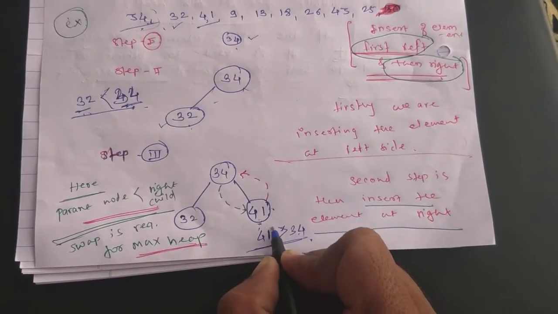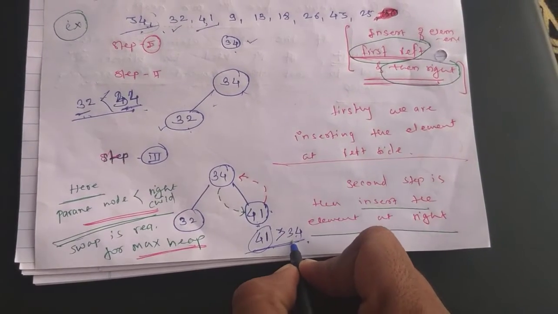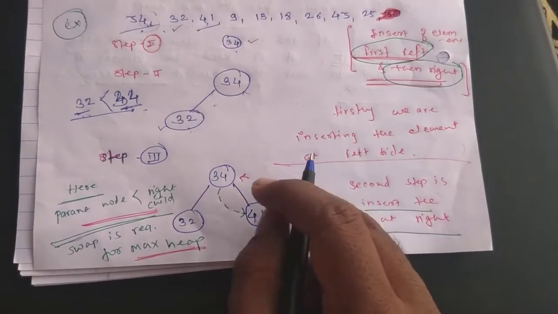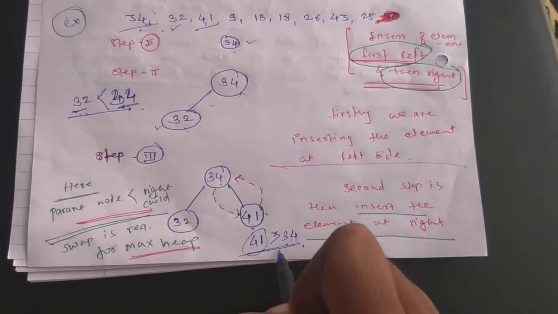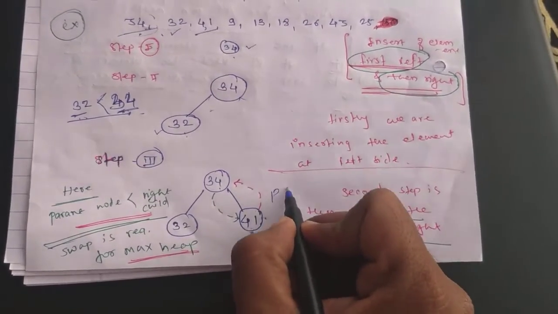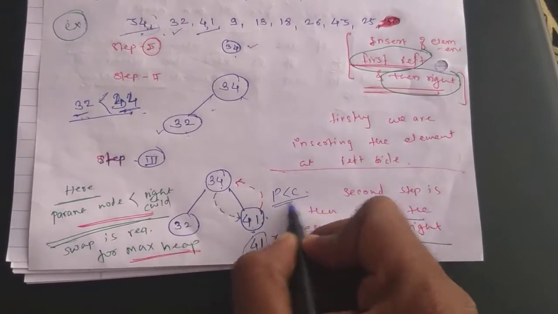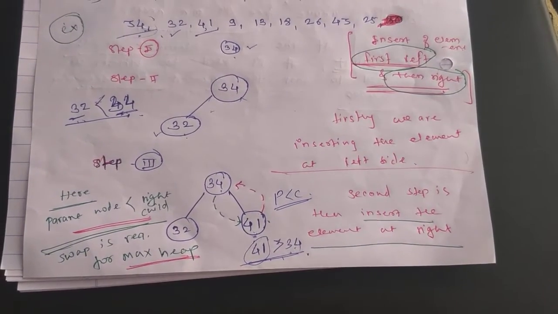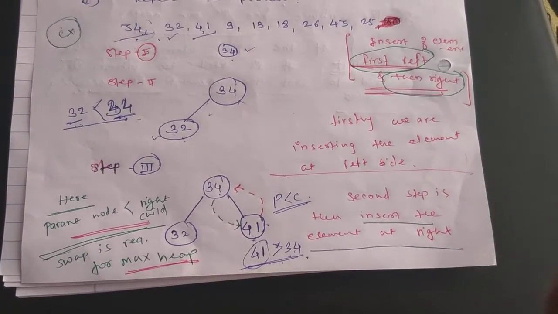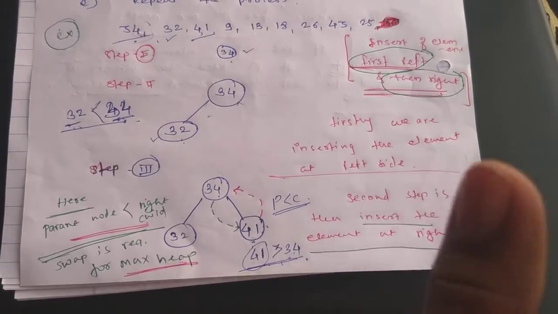After comparing, 41 is greater than 34, so we should swap these numbers, because the parent is less than the child node. So there is a requirement to swap the elements. In this way we are arranging the elements in a maximum heap tree.